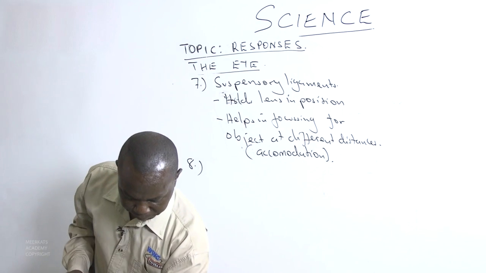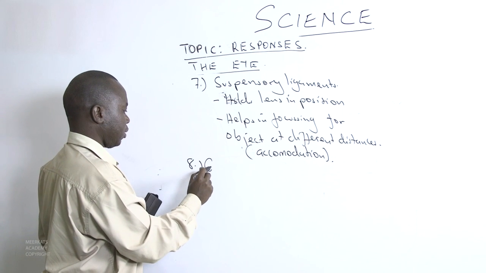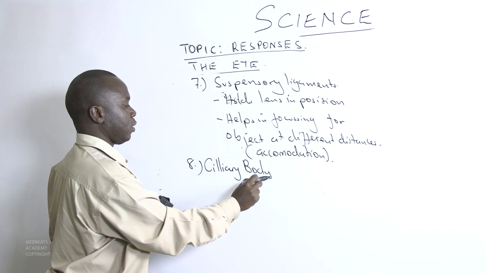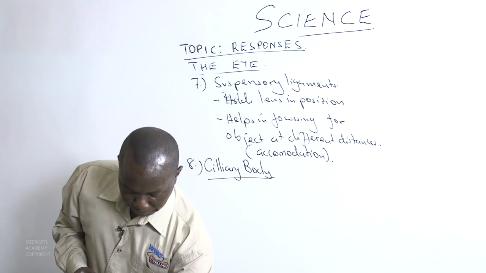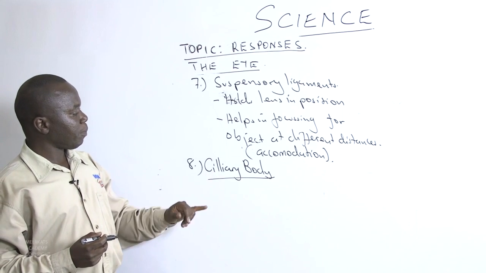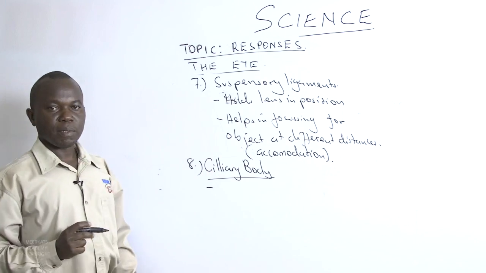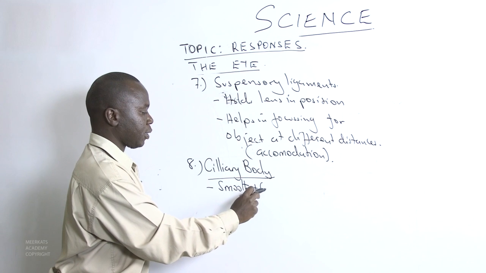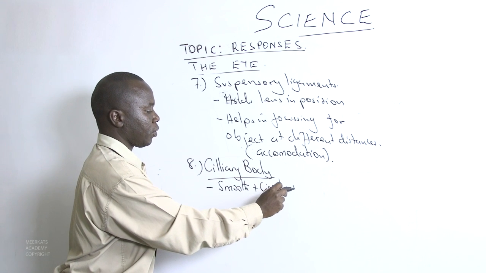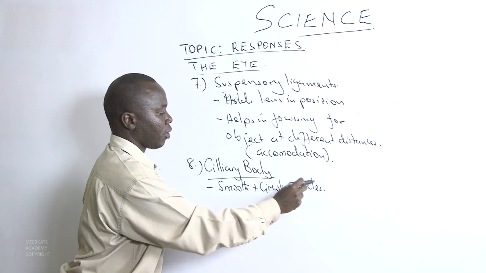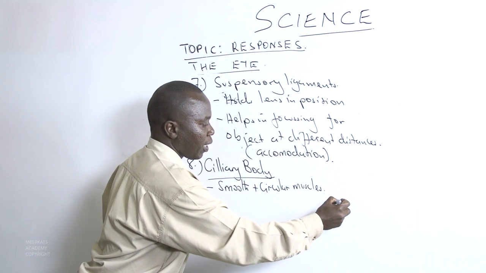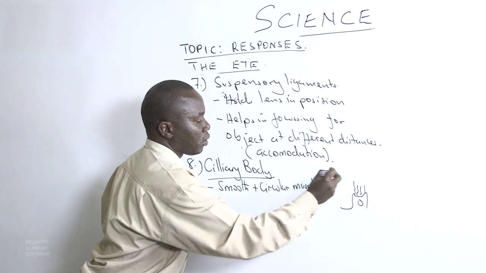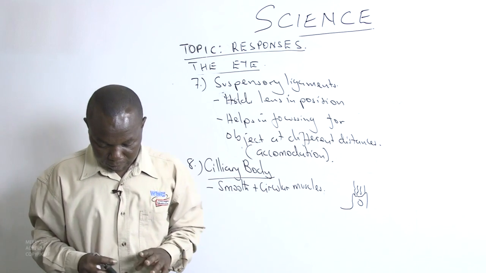Structure number 8, ciliary body, or ciliary muscles. This one is made up of two types of muscles, smooth muscles and circular muscles. Remember, when we drew the eye, we have our ciliary body there, and onto it we have the suspensory ligaments.